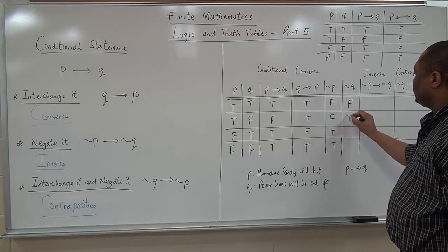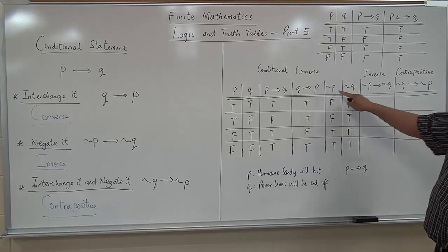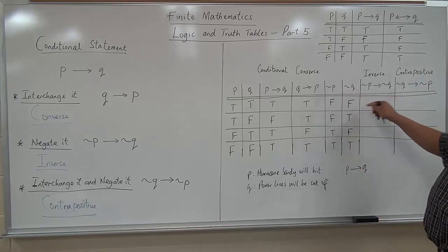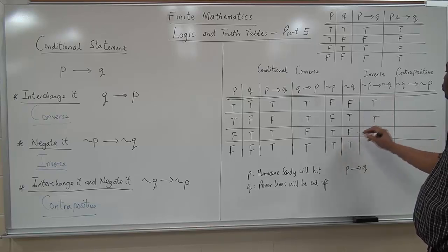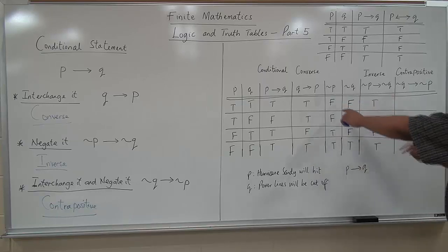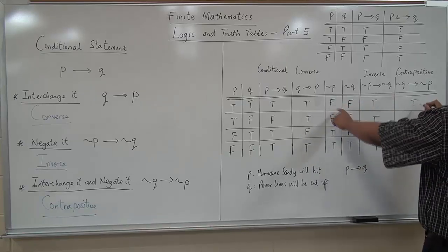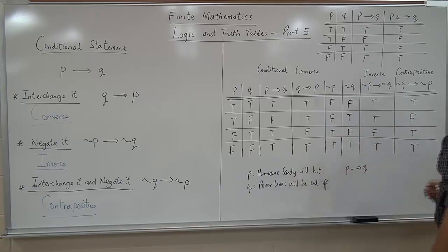This is false, this is true, this is false, and this is true. Then negation of P implies negation of Q: F implies F is true, F implies T is still true, this is false, and this is true. Then F F here will be true, T F here will be false, F T will be true, T T will be true.